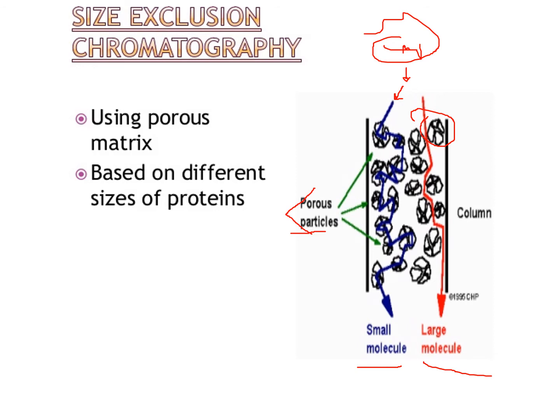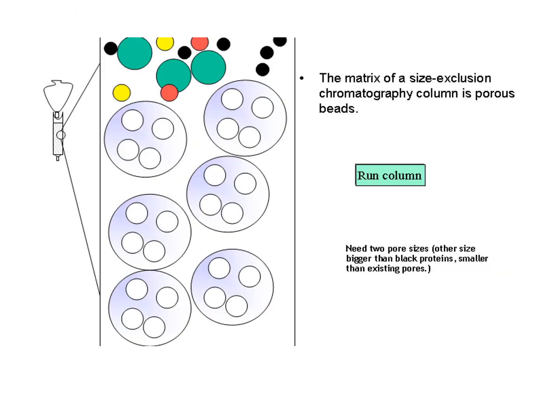And again, we may not know what the size of the protein is, but we'll certainly have a fractionation that will separate large to small proteins if we collect the drippage that's coming through this column here. And this is another cartoon showing the beads that have pores in them, and here are 4 or 5 proteins.